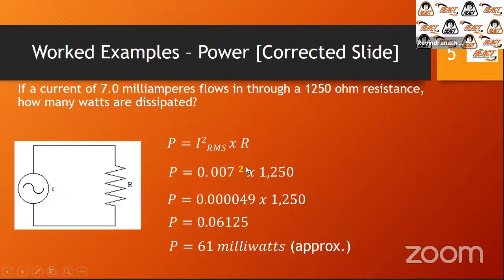If we look at this slide, the error was that instead of 0.007 squared, the slide had 0.0072, which was incorrect. I hope that didn't confuse anyone. It was 0.007 squared. When you square that, you get 0.00049. So that's the corrected slide. It is also corrected in the slide deck that you would have received earlier in the week. All of those slides were corrected.